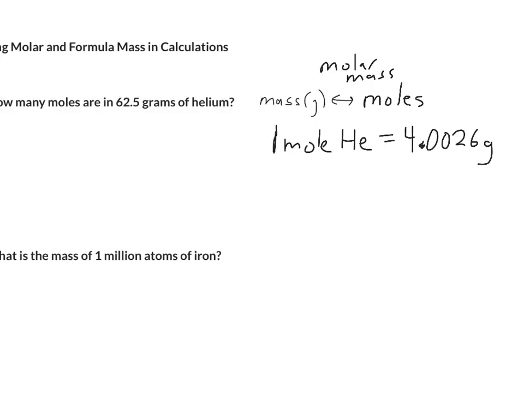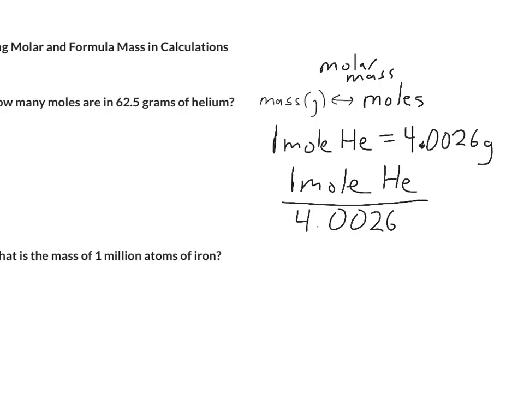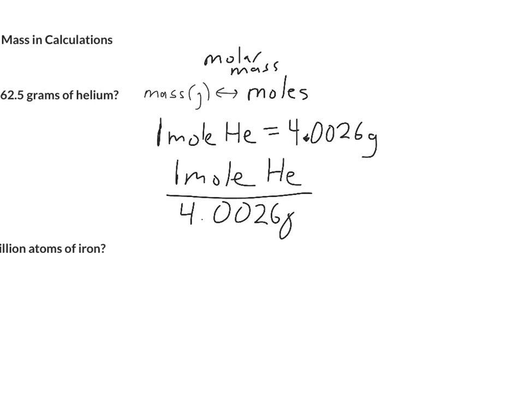Recall from Chapter 1, Dimensional Analysis, that when you get an equality like so, it can only be arranged in 2 ways, and which one you choose is dependent upon the unit. 1 mole of helium, or 4.0026 grams, is 1 mole.